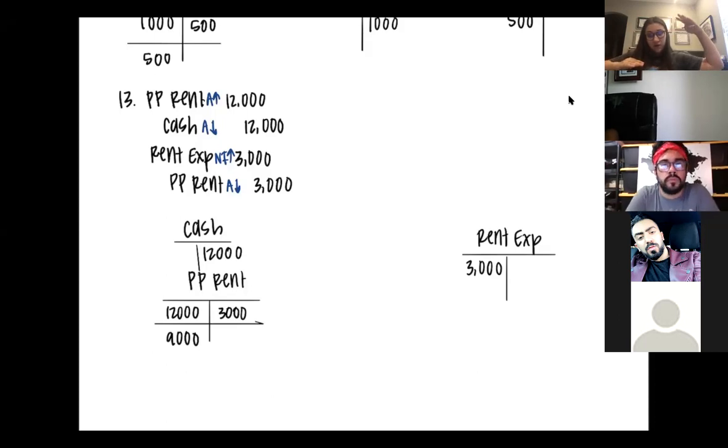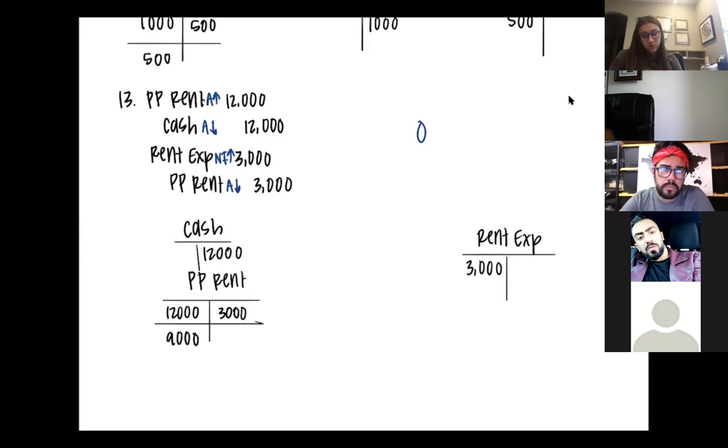So it should have been increased by 12 and then lowered by 3, so net increased by 9, but then cash should have been decreased by 12. So net between both of them should have been decreased by 3. I'm confused, because prepaid rent and the cash is 12,000.